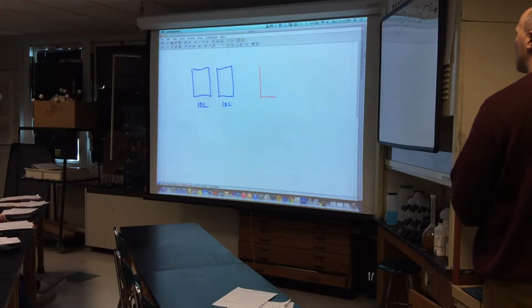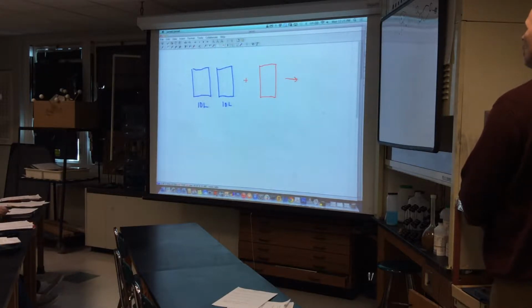So he figured out exactly the volumes that were necessary to make a certain volume of water. And it came out to be 2 equal volumes, or in this case, I'll put 20 liters.